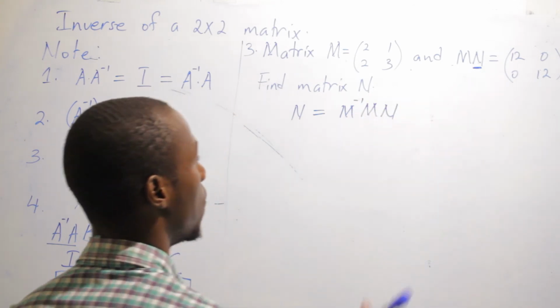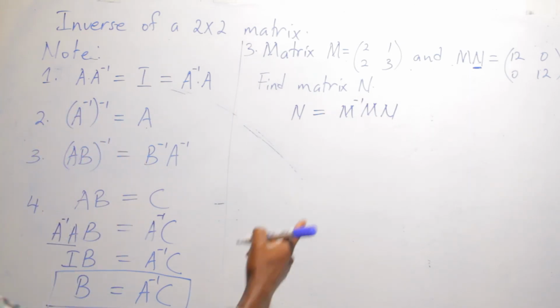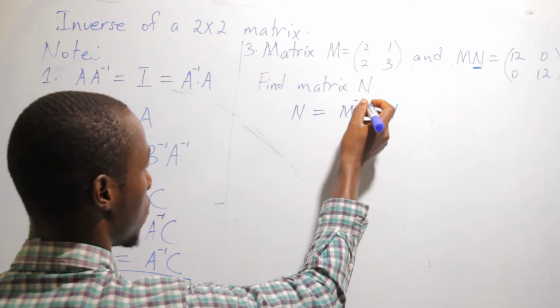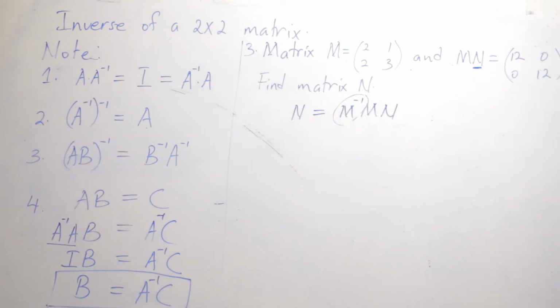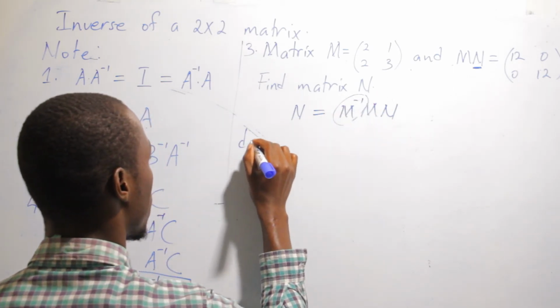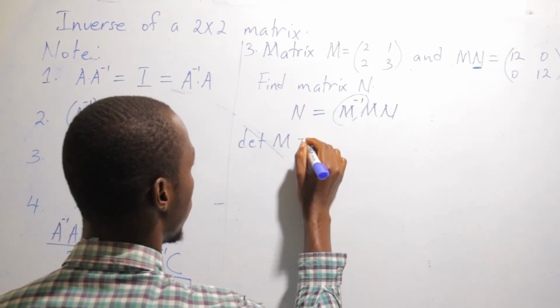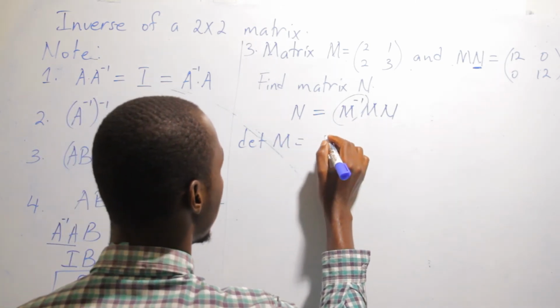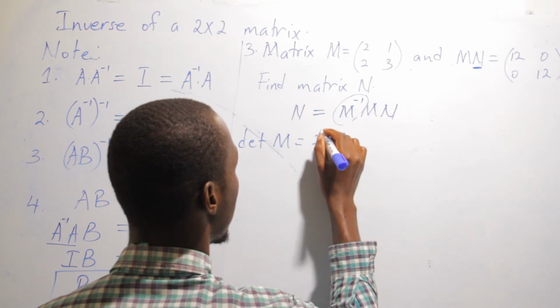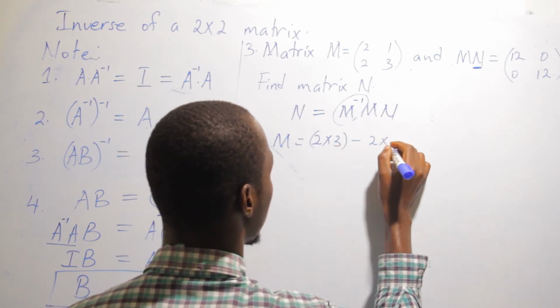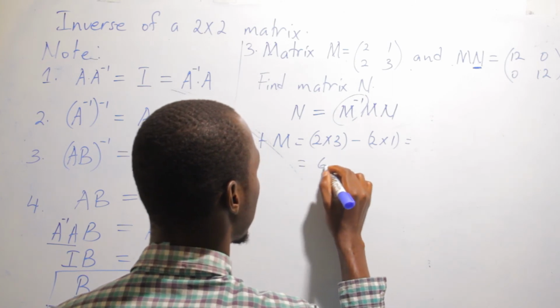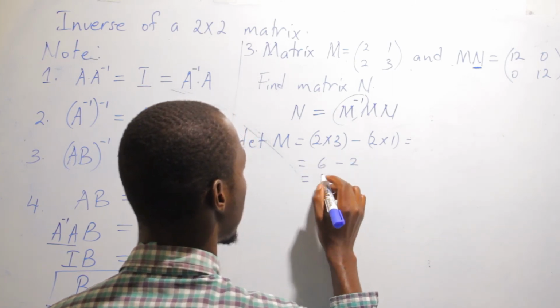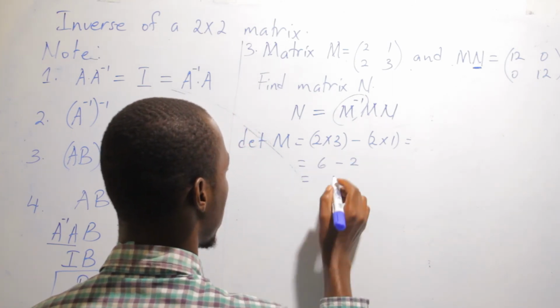So I need to first determine my inverse of matrix M. The determinant of M is equivalent to 2 times 3 minus 2 times 1, and this is 6 minus 2, which is 4.